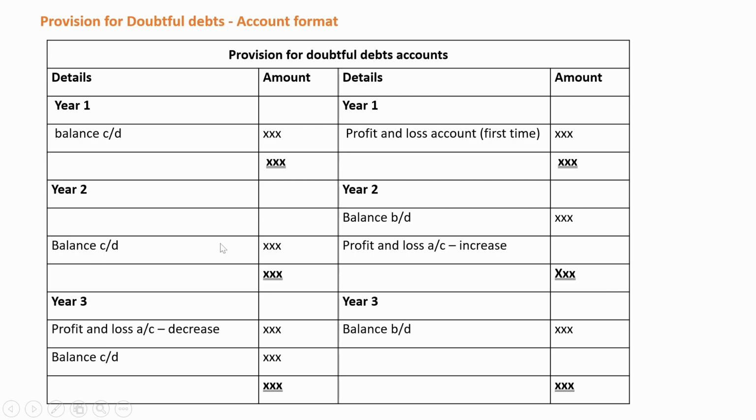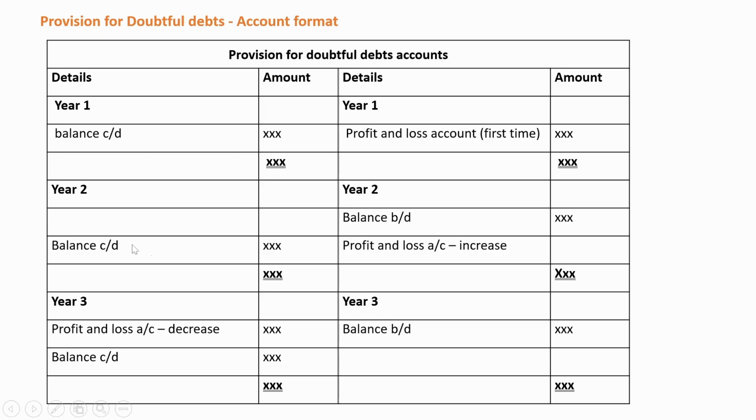You'll just be comparing the difference between the balance carried down and the balance brought down. So the balance brought down is always the provision they had made at the year beginning. The balance carried down is the provision the business makes at the year end. The difference between the two balances can either be an increase or a decrease.